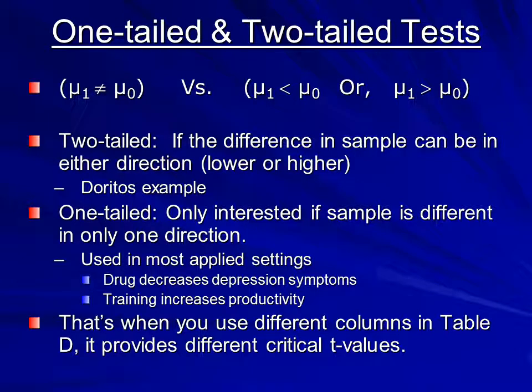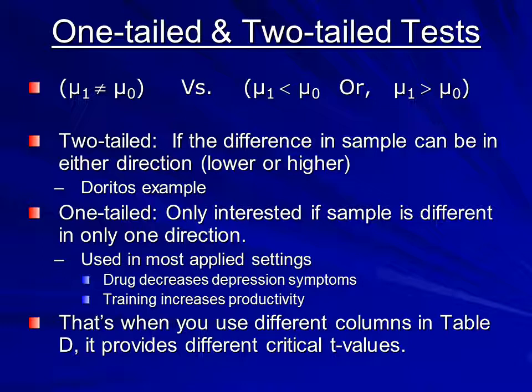And so I do want to mention this idea of a one-tailed versus a two-tailed test. If you notice at the very top of Appendix C, Table D, across the top it asks, are you talking about a one-tailed test or a two-tailed test? So the Doritos example we've been using so far is a two-tailed test. And so what does that mean?